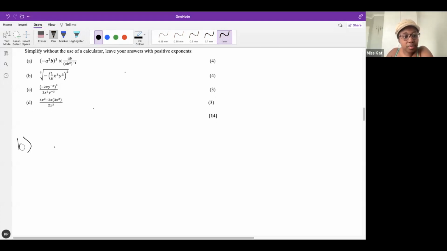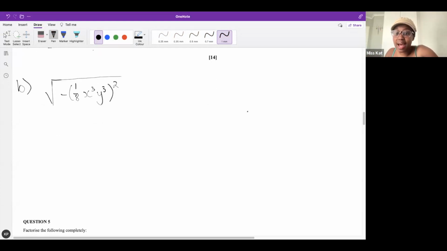We have the cube root of negative an eighth x cubed y cubed, all squared, with a square root. Okay, now let's see what's happening here. Nice, Abu, we're working inside. Why do these two not cancel each other out?